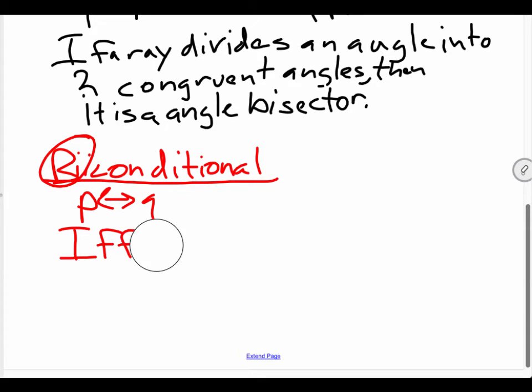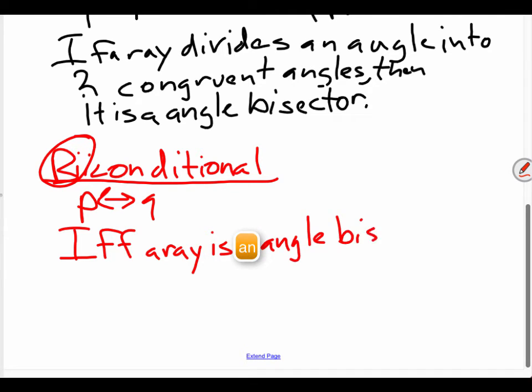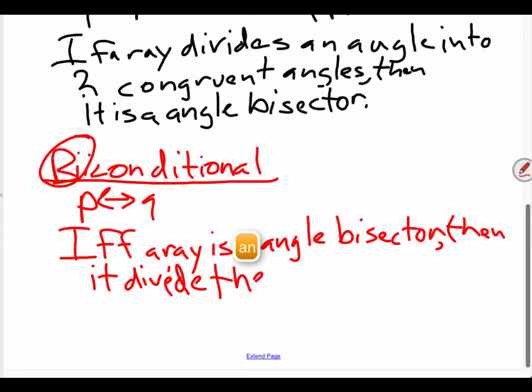If and only if a ray is an angle bisector, then it divides the angle into two congruent angles.